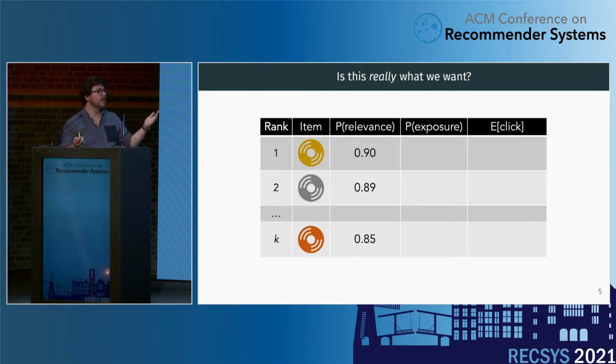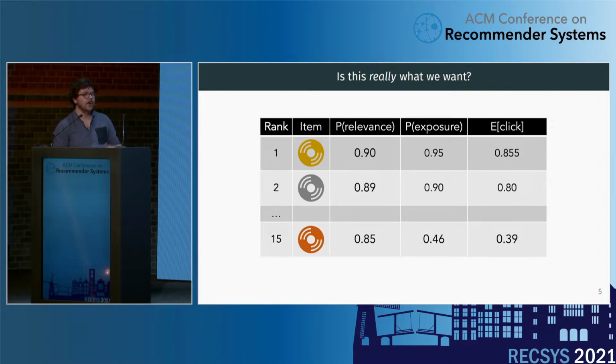Then we can show this list to a user, and we have a user model that is going to tell us the probability of exposure at each position in the list. Now, the main problem that you see here is that even though there's only a very small difference in the relevance between the first item and the item at the last position, there's a huge difference in exposure, and there's a huge difference in the expected clicks.